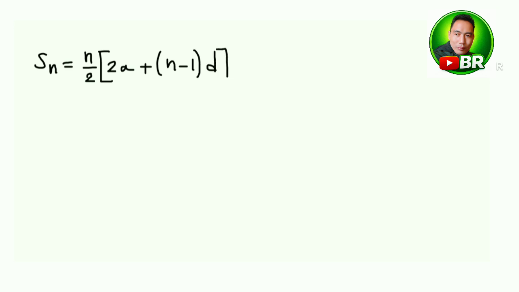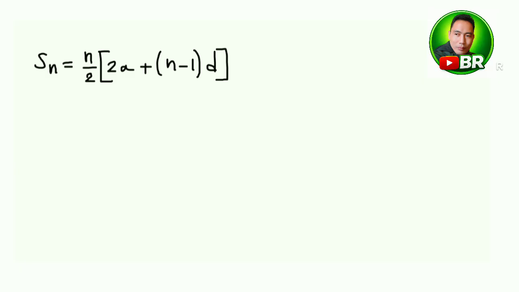Okay, we have formula for finding Sn or sum of an AP, and that formula is Sn equal to n by 2 into 2a plus n minus 1 into d.